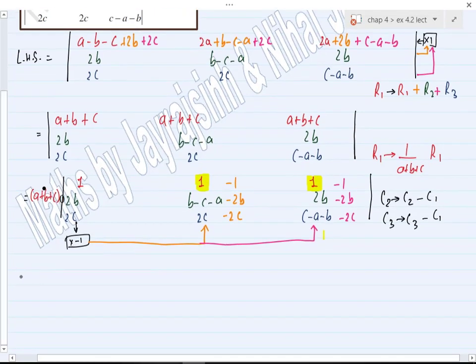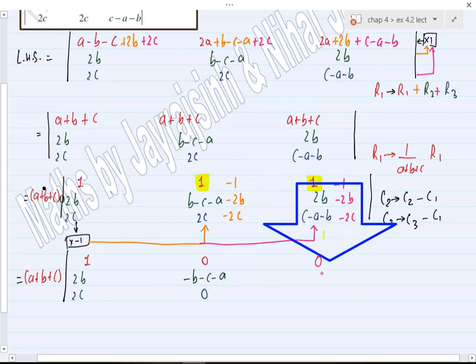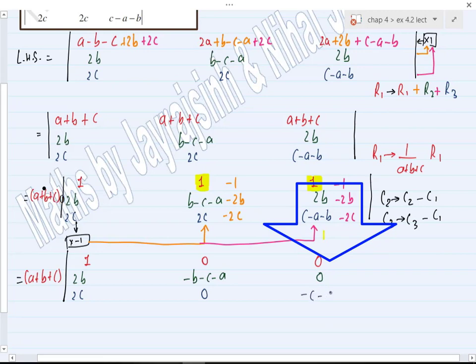Now, our a plus b plus c will be as it is, and the first column will remain as it is. Second column will be 0, b minus 2b will be minus b minus a, and 2c minus 2c will be 0.